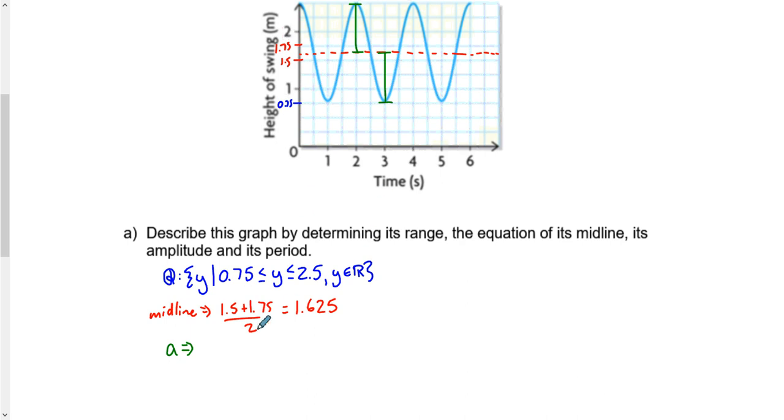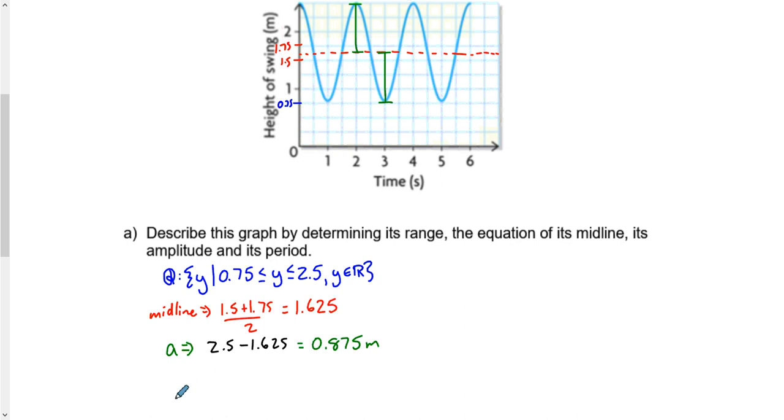I just have to take the 2.5, subtract the 1.625, and our amplitude is 0.875. Now this one actually has a unit because our amplitude is a vertical measurement. It says that's being measured in meters.